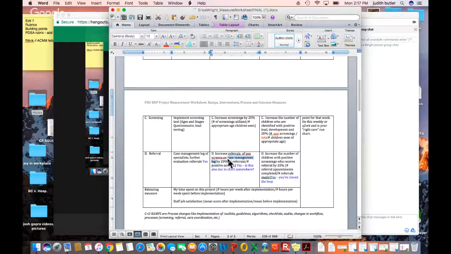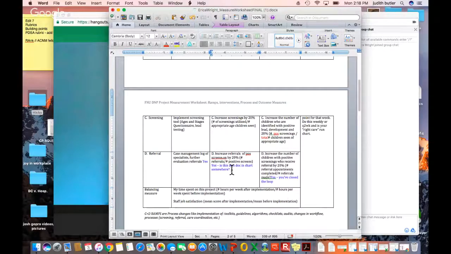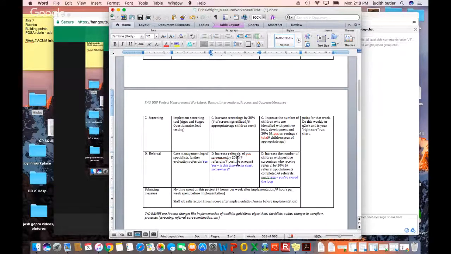Now, how you do that with your case management log is different. So if we refer 5 people and you had 5 positive screens, what's our rate? 100%. Right. If you had 2 positives and you only referred 1 of them, 50.